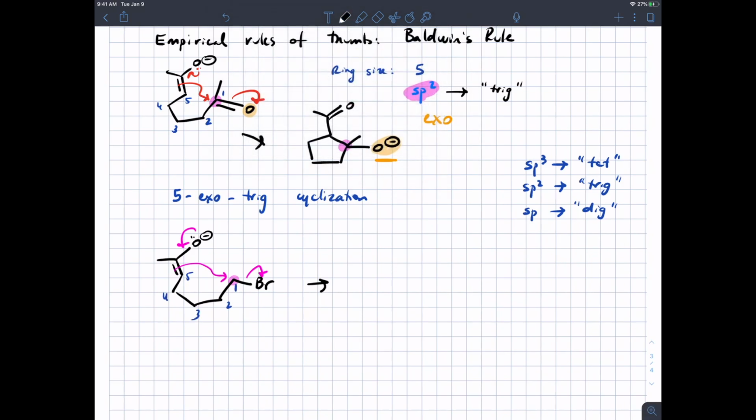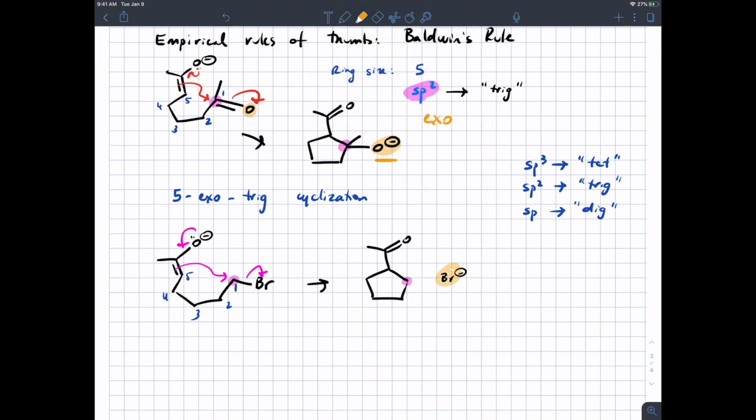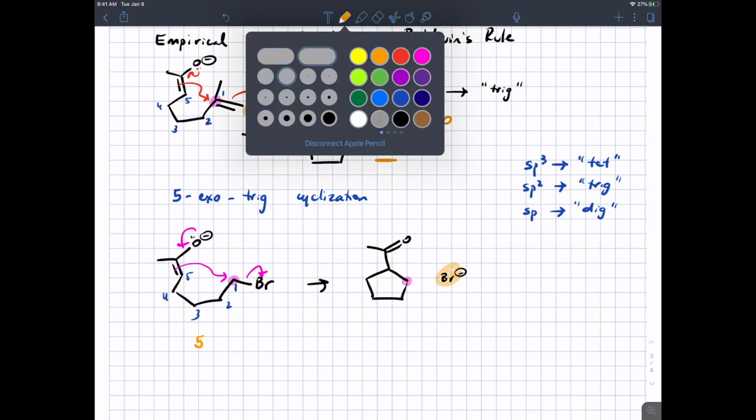All right, so we'll draw a pentagon, and here is the atom that was attacked. The atom on the other side of that bond is now way outside, permanently disconnected from the ring. So 5 atoms, this is a 5.